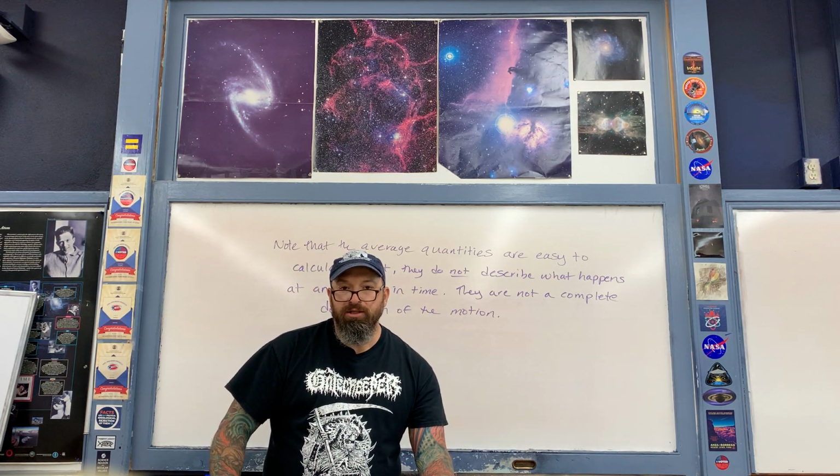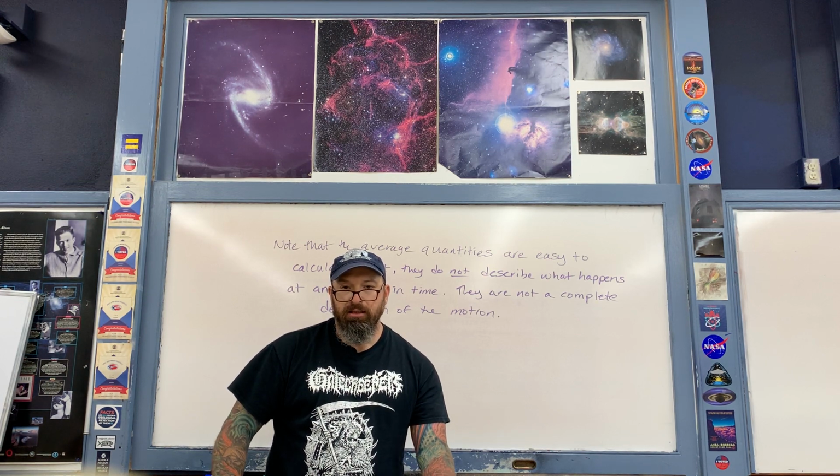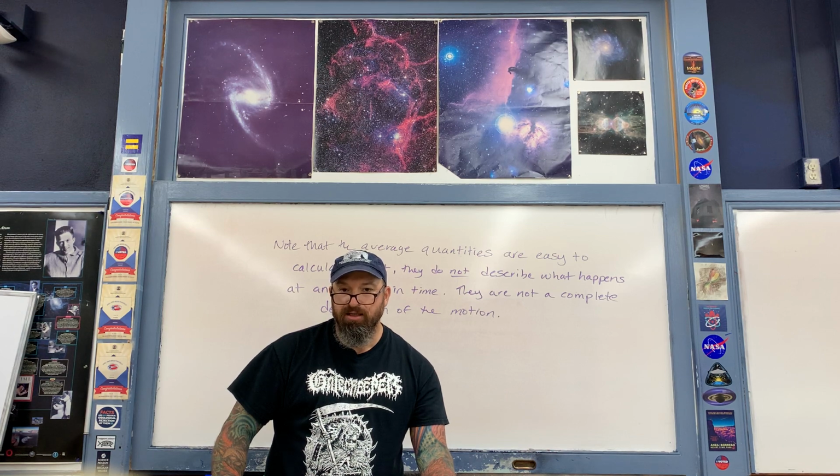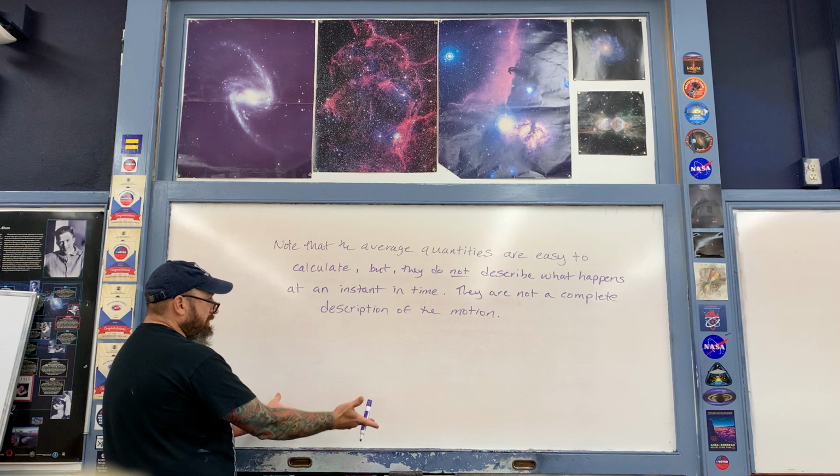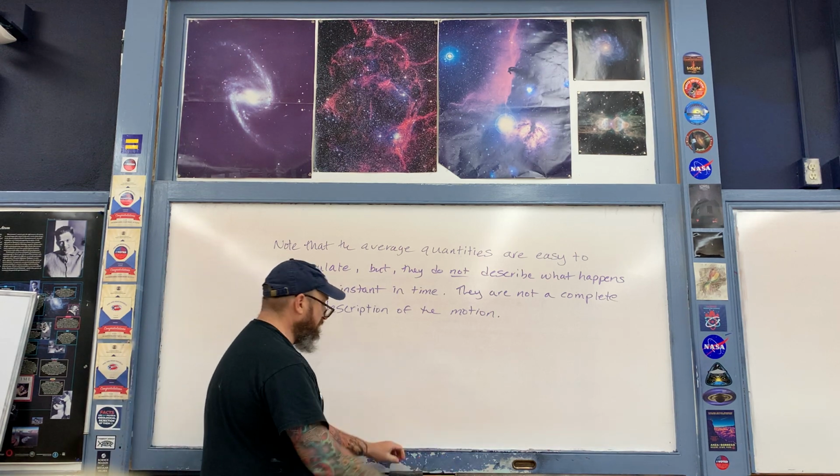Well, they do lead us to what's important, a description of what is referred to as instantaneous velocity. Here's how we arrive at this next definition, at this description. Okay, I'm going to do a little bit of erasing here. Make sure that you have this copied down, however.